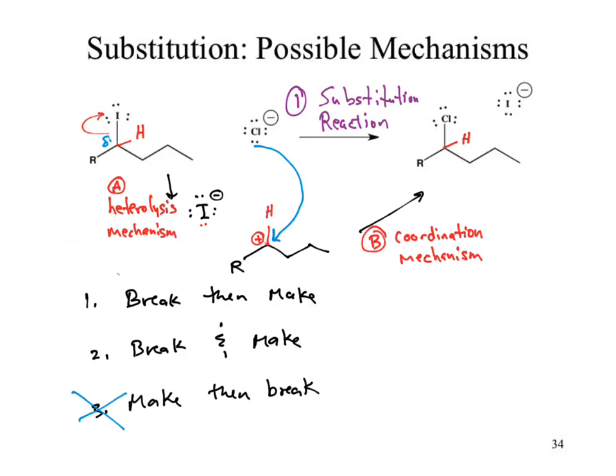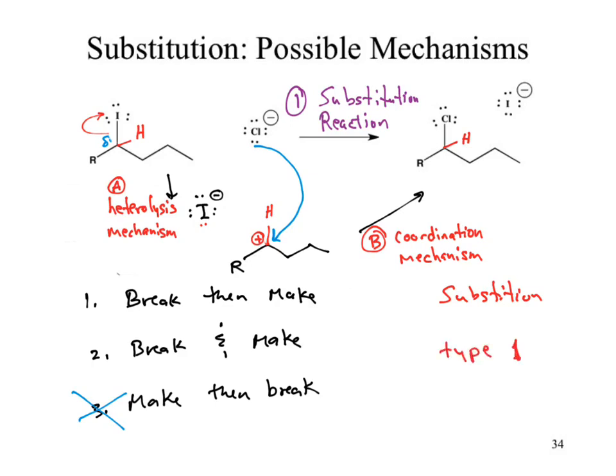So I will go through and call it a substitution because that is what it is. It is a substitution reaction. But that reaction goes through 2 mechanistic steps. Those 2 mechanistic steps set it apart from the other one. Okay? So I'm going to call it a substitution type 1.